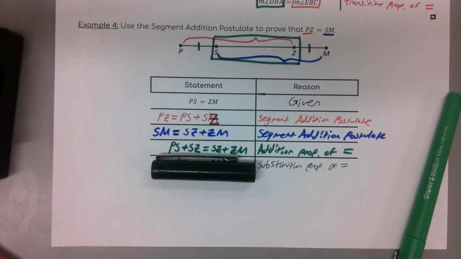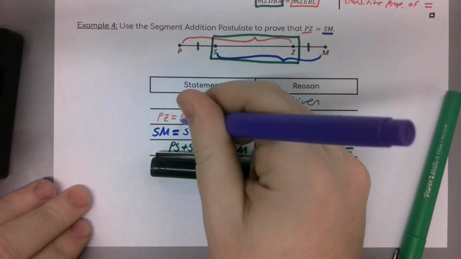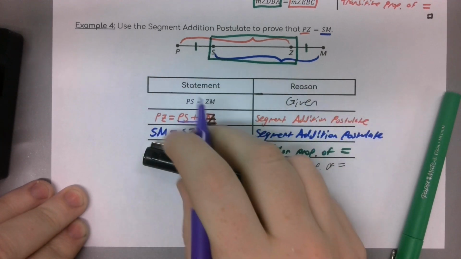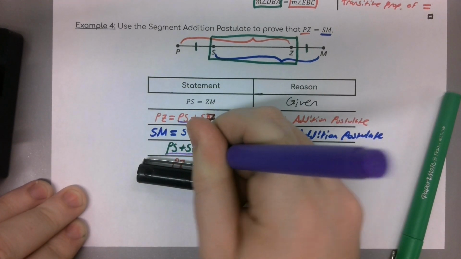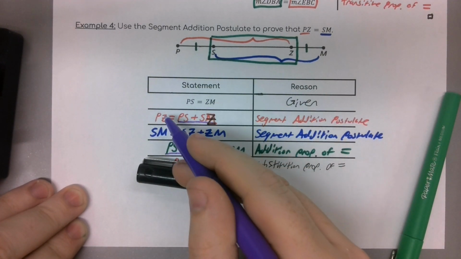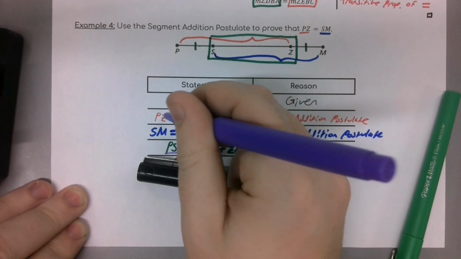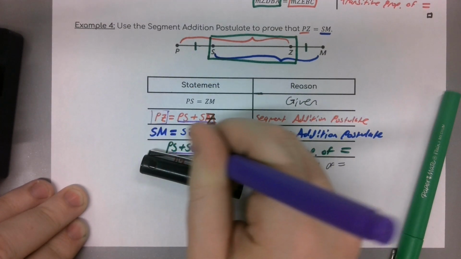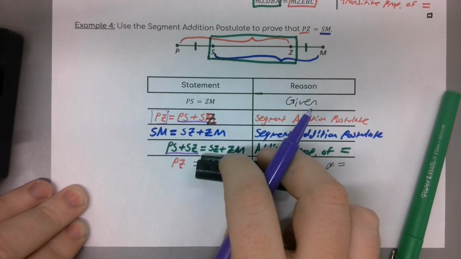After that, we notice that there are some things that are the same between these different equations, so we can substitute them into each other. Again, the matching parts were PS and SZ with PS and SZ. So if they are the same, we can substitute in what it equals. We say that PZ is the same as this side, right there.